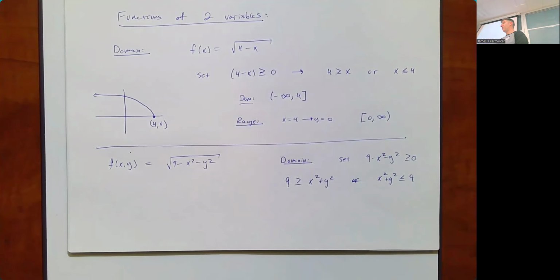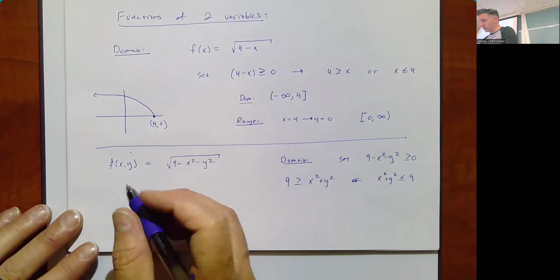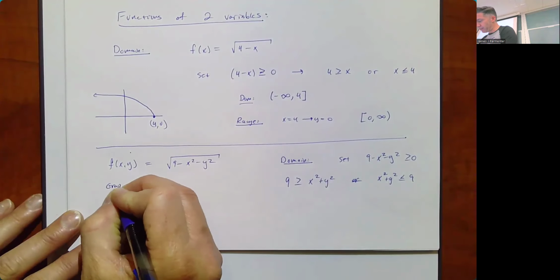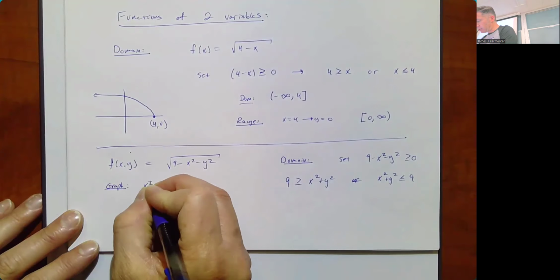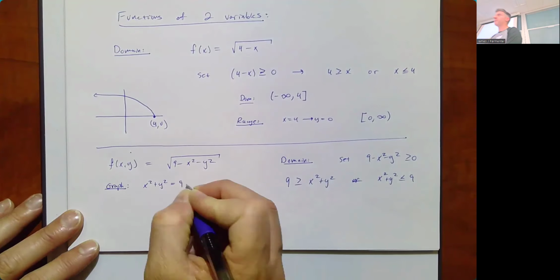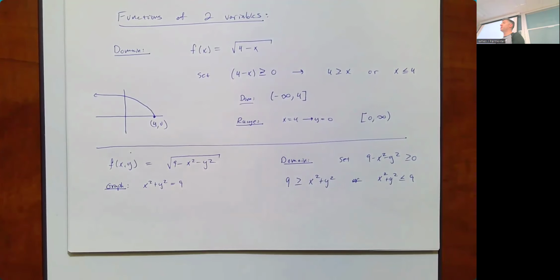And then to graph the domain, I'm going to graph where this equation is just equal to 9. So first I'm going to graph x squared plus y squared equal to 9, which we know is a circle of radius 3 centered at the origin.